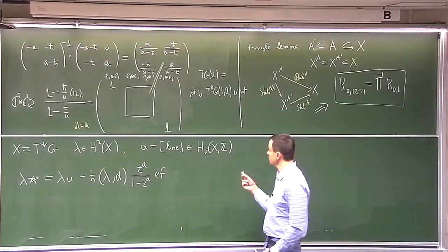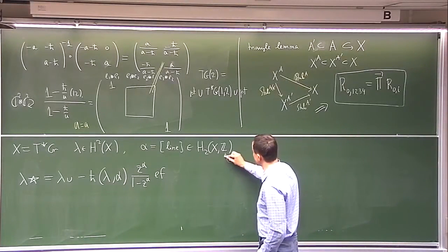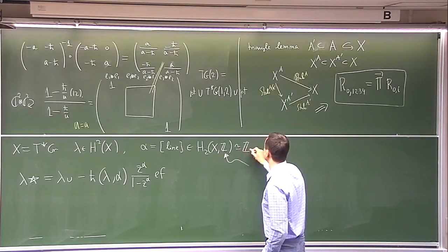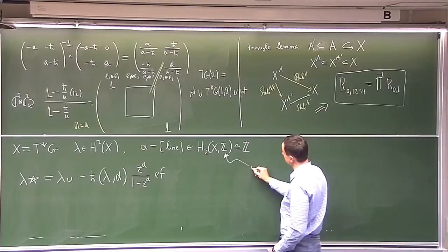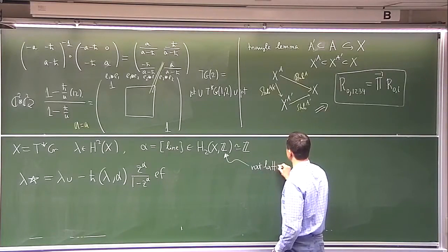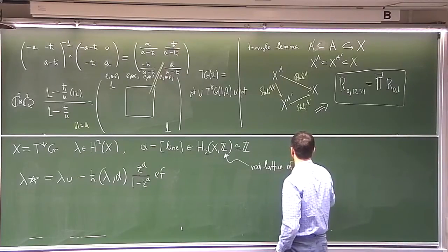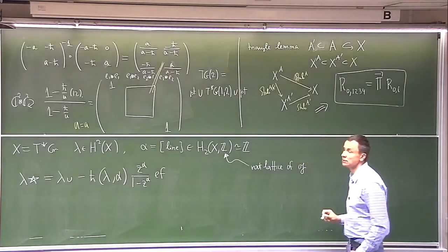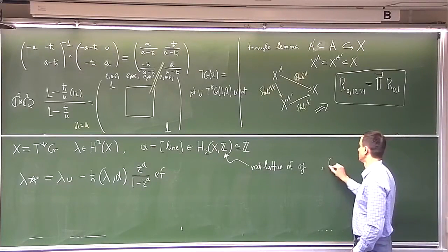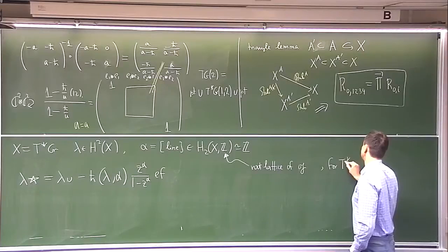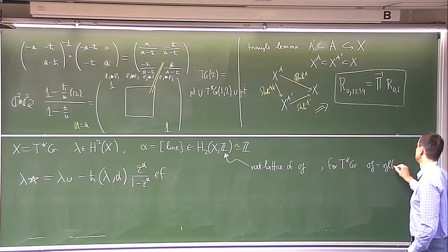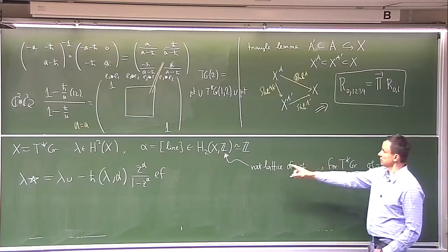So for a general Nakajima variety, what you get is this. This was Z, and this is the root lattice of a certain Lie algebra G, you can start from there. Which is consistent: for T star Grassmannian, the Lie algebra is GL2, and its roots really are that.